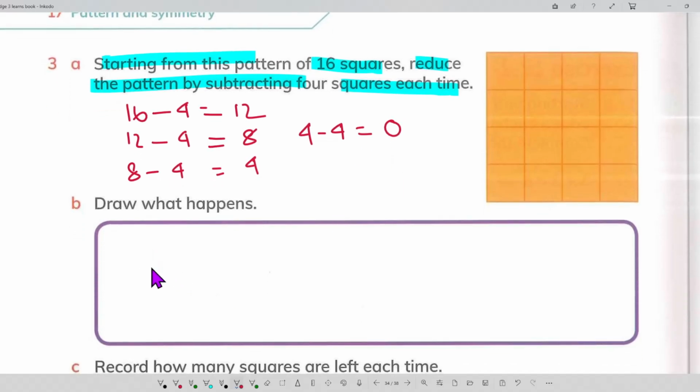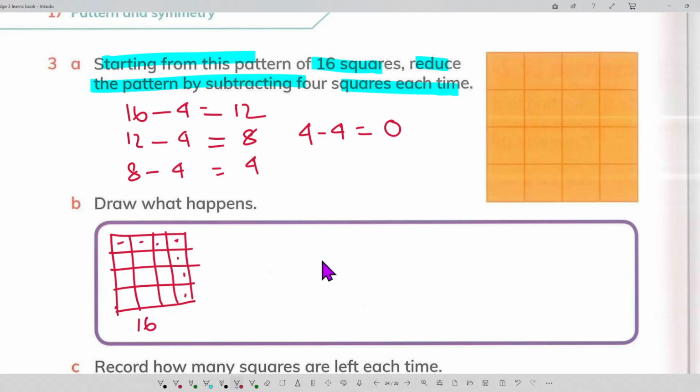Draw what happened. Or we can draw more quickly like this. This is our square shape. So 1, 2, 3, 1, 2, 3. Okay, so 1, 2, 3, 4, 1, 2, 3, 4. So here is 16. Next, these 4 out. So what next? 1, 2, 3, 4 out.